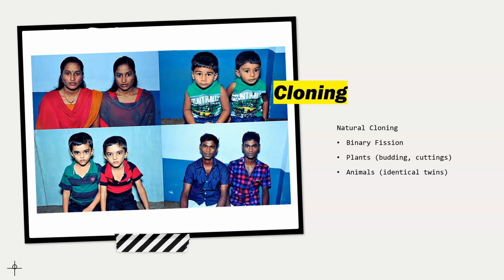We've got our plants with buddings and cuttings and sending out runners. Animals in the cases of identical twins. But we can also now, with these advances in technology that we've just looked at, artificially clone. And there's two different ways we can artificially clone: by embryonic division, okay, so forcing twins basically to occur, and also by somatic cell nuclear transfer.